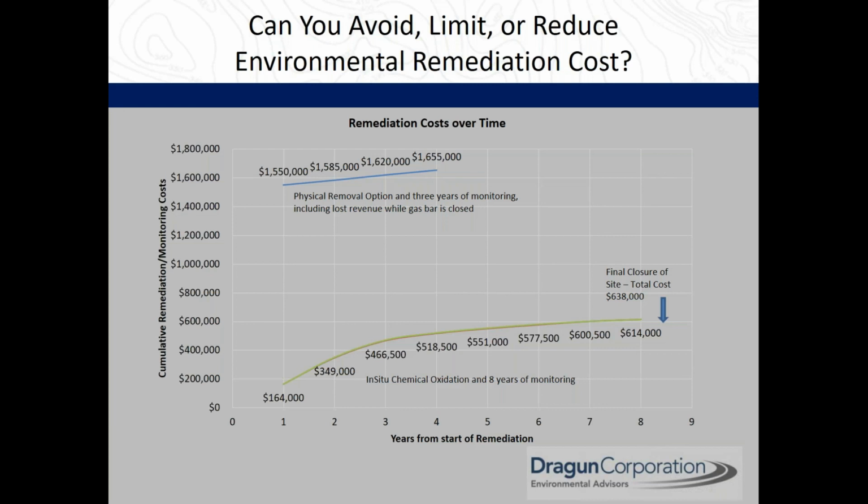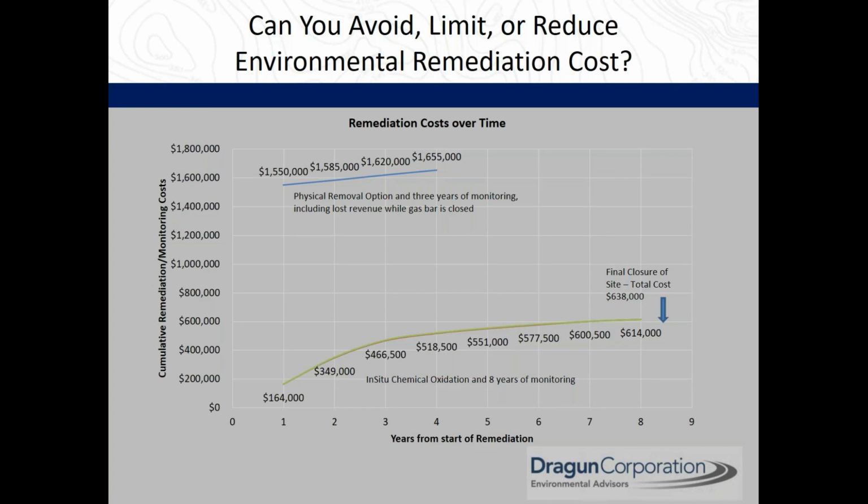And certainly with the option that was put on the table way back at the beginning of this project, that was 2009, 2010, we were looking at costs starting in $1.5 million, which then increased because there would be monitoring requirements, at least for several years, I assume 3 years, until we would meet the standard. So you're looking at $1.655 million to remediate a gas bar. Not really feasible for most people at a gas bar.